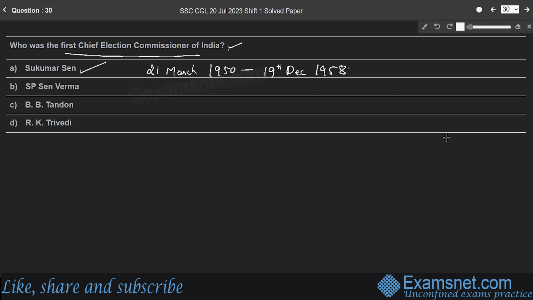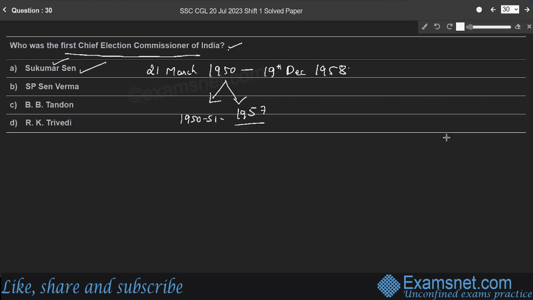Under the leadership of Sukumar Sen, the Election Commission successfully conducted independent India's first two general elections, the 1951-52 election and the 1957 election.